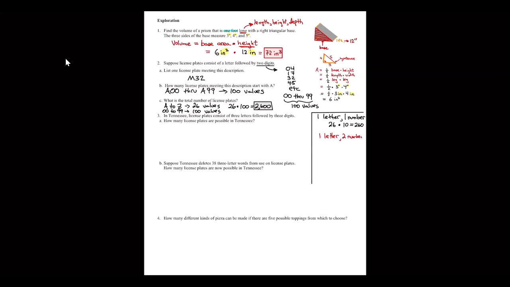You want to keep consistent with the language. That was 26 times 10 times 10, 2,600. All right. So we're building towards something here. In theory, we're building towards a deeper level of understanding of multiplication and how it plays out in determining the number of outcomes in a set of data.